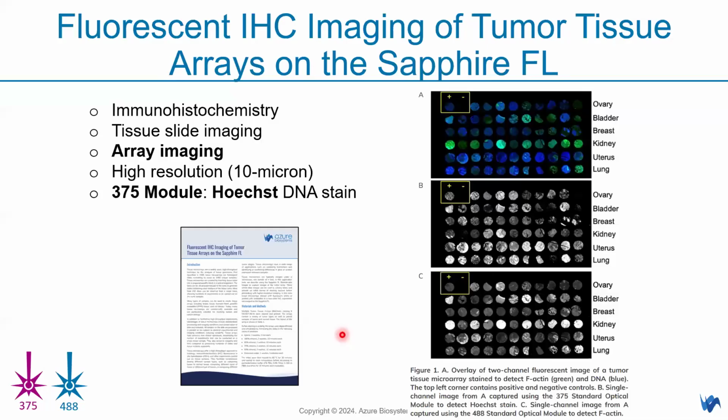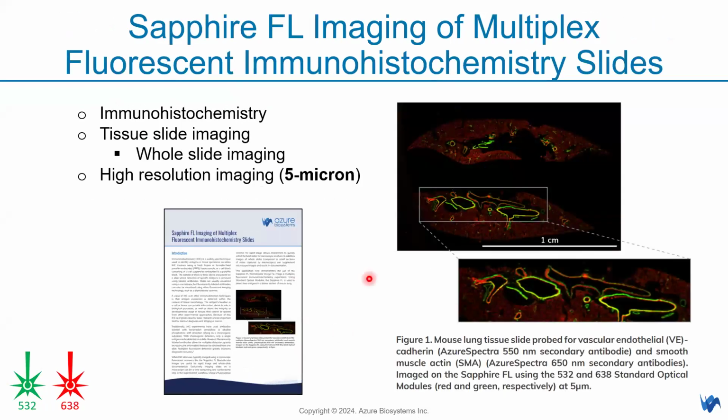Here are some application notes that we have progressively released under Sapphire FL applications. We recently have an IHC image of a tumor cell array on Sapphire FL. This is array imaging, scanned at 10 micron resolution. And this is an immunohistochemistry slide, multiplexed by scanning at 5 micron resolution.